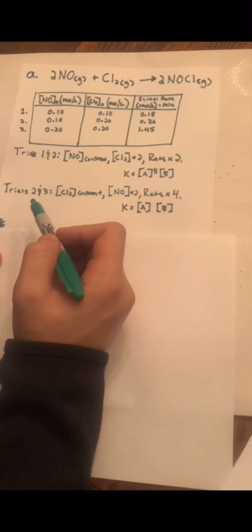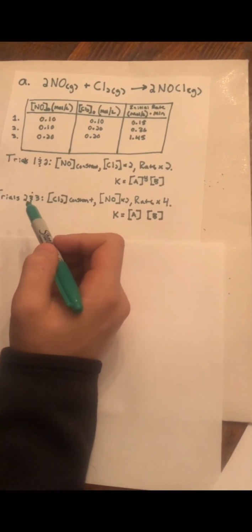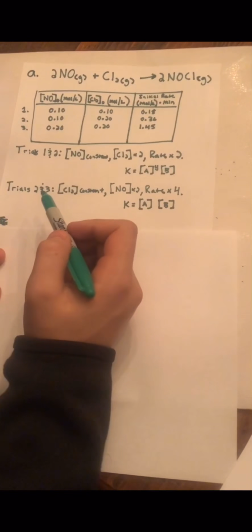For this problem, we must determine the rate law of 2NO gas plus Cl2 gas yields 2NOCl gas from the given experimental data. In order to do so, we must find the orders or exponents of each given molarity. So for trials 1 and 2, we can see that NO is held constant.